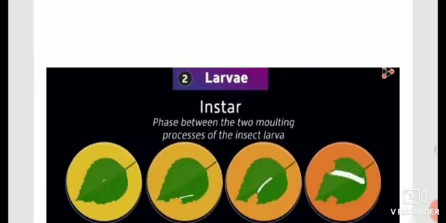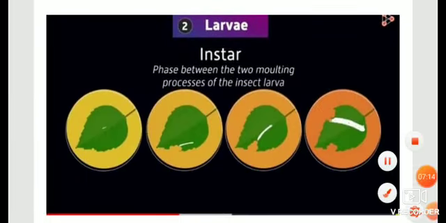The second stage is larva. It means after some time, when the silkworm lays the egg on the mulberry leaves, the egg changes into the larva. Okay. So now let us see the third stage.